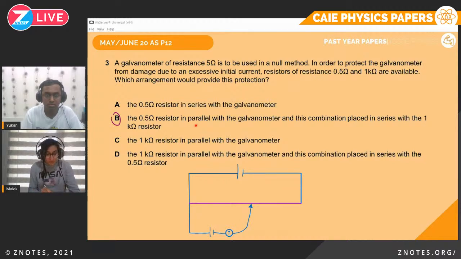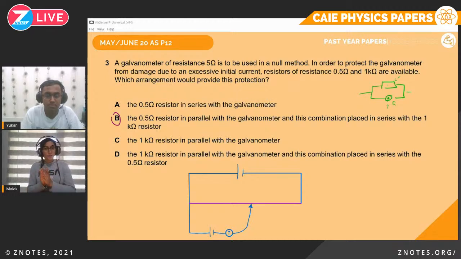0.5 ohm resistor in parallel with the galvanometer, and this combination is placed in series with the 1K ohm resistor. Since the 0.5 ohm resistor is placed in parallel with the galvanometer, their combined resistance is less than any one of them. So the combined resistance is less than this one and less than this one, right?